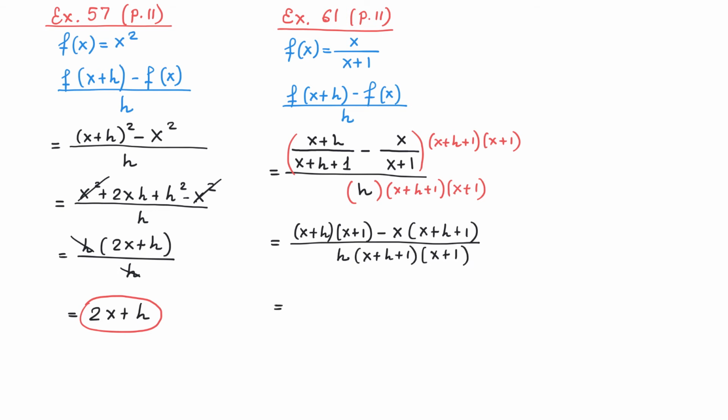Let's use the FOIL and the distributive property to remove all the parentheses in the numerator. So x times x is x squared, x times 1 is x, h times x is hx, h times 1 is h, then minus x squared, minus xh, and minus x. And let's keep the denominator as it is for now.